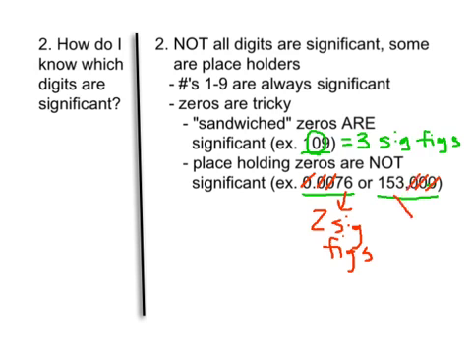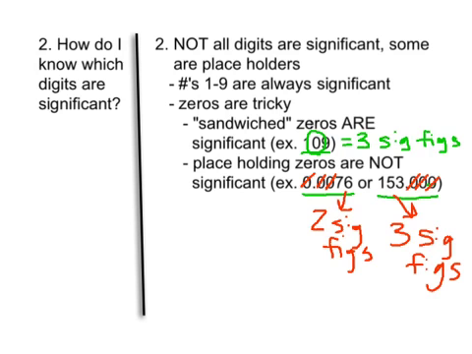So in this number, there are only 3 significant figures, or 3 sig figs. All right, so that is the general rule. If that makes sense to you and you know what placeholder zeros mean, then go with it. It's the simplest way to figure out how many significant figures there are in a number.